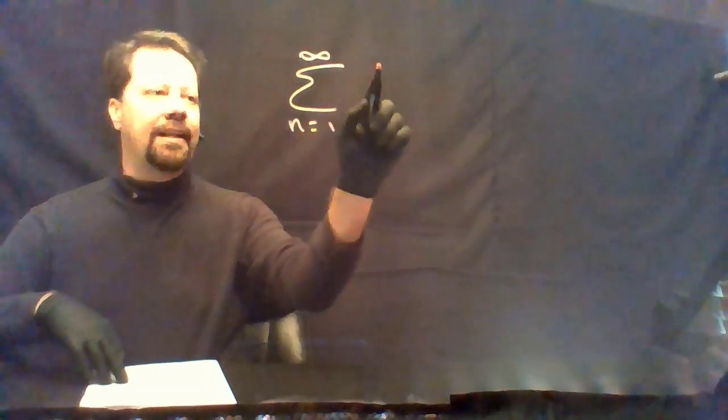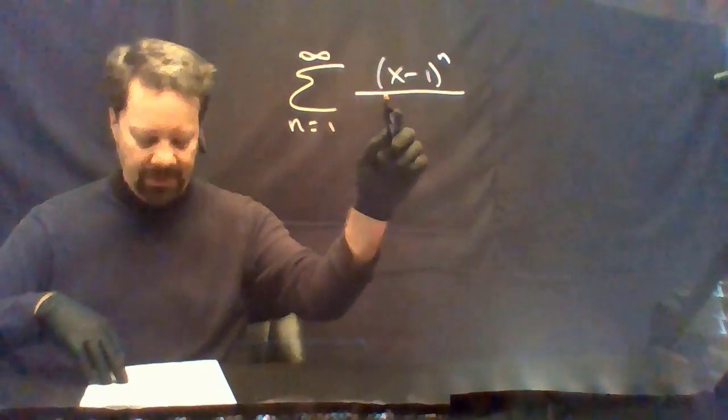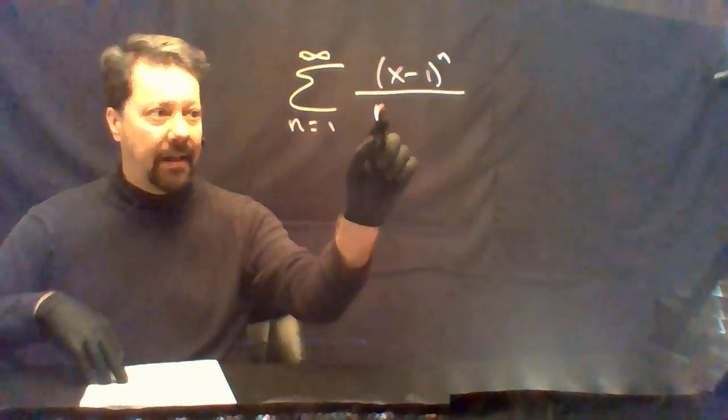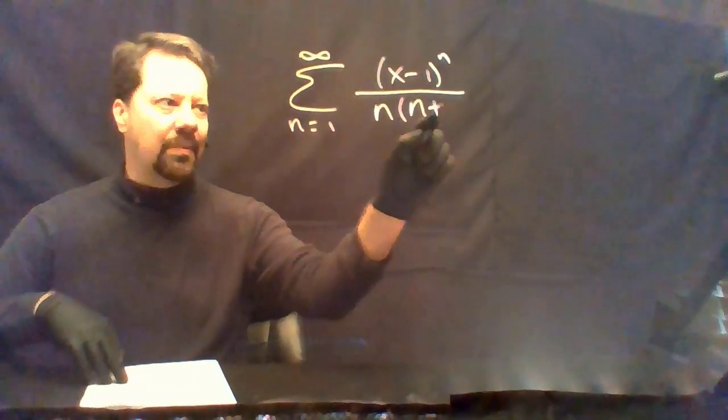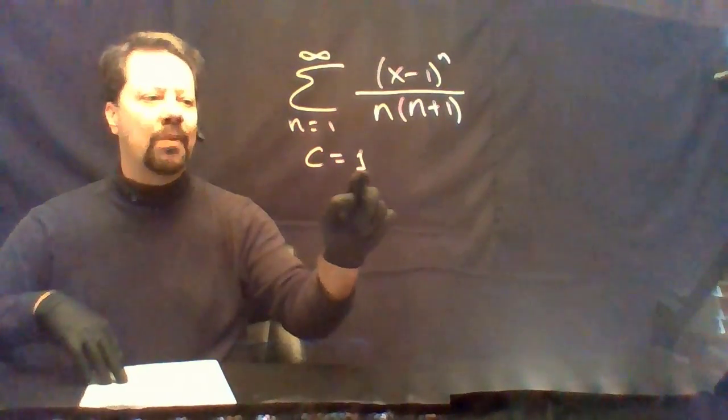Next, we have the sum as n goes from 1 to infinity of x minus 1 to the n divided by n times n plus 1. The center here is 1.